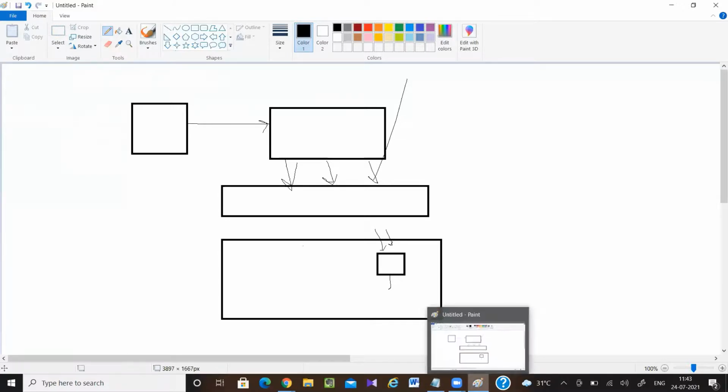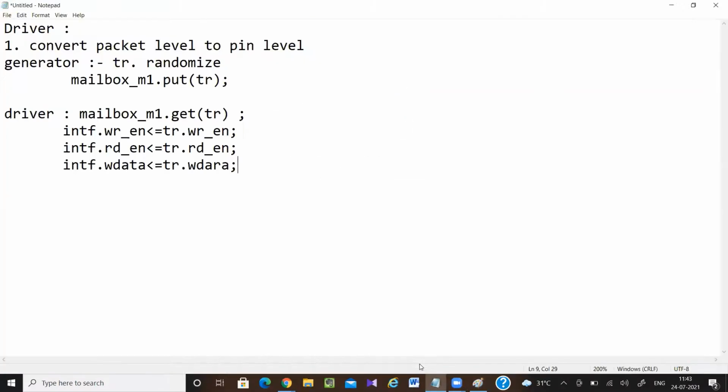Okay. Yes, ma'am. So this is through the interface. In the interface, last time I had just initialized only the signals, but in the interface I can have a modport, and I can have a clocking block also.